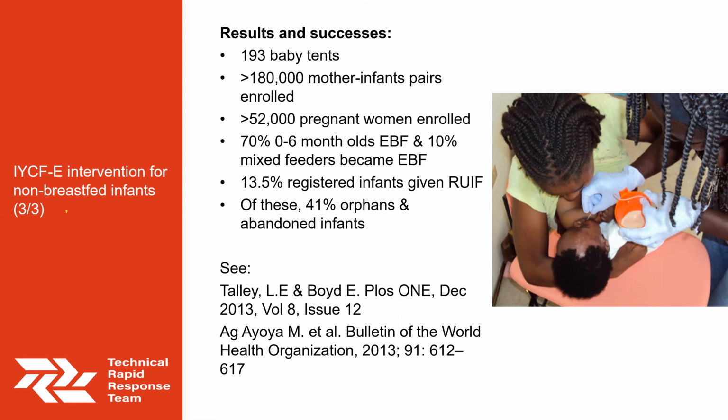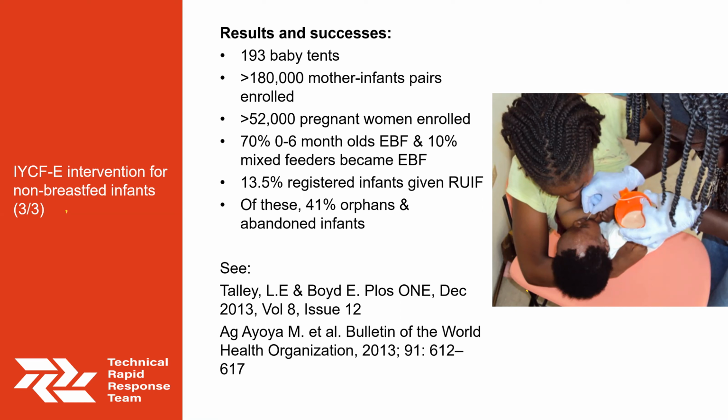Of infants younger than 6 months of age, 70% were reported to be exclusively breastfed, and 10% who were mixed feeders became exclusively breastfed with the support provided through the program. 13.5% of the enrolled infants were given RUIF, so the rest were not eligible and were given support for breastfeeding.